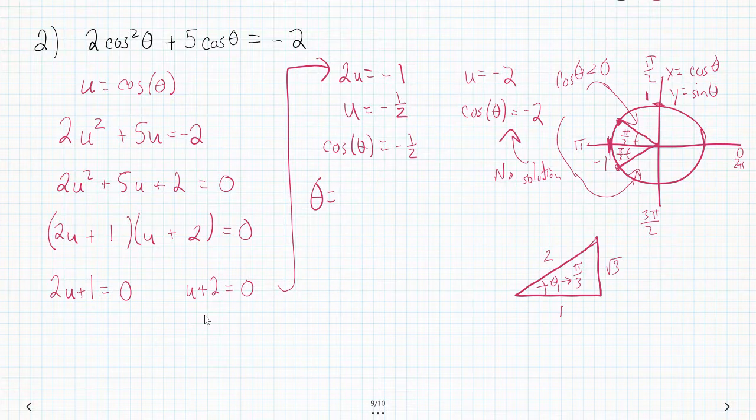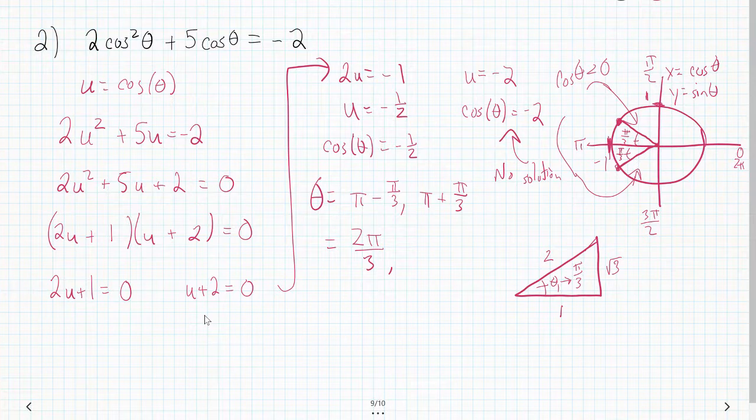So theta equals, well, one solution, since we're between 0 and 2 pi, you go pi minus pi over 3, and the other one is pi plus pi over 3. So the first solution was 2 pi over 3, and the second solution is 4 pi over 3. And notice we did that one without a calculator, so you can have some fun too every now and then.